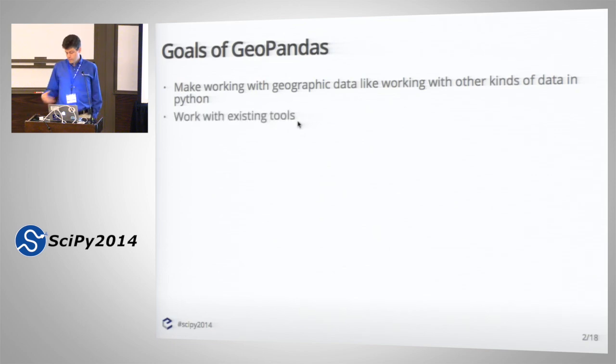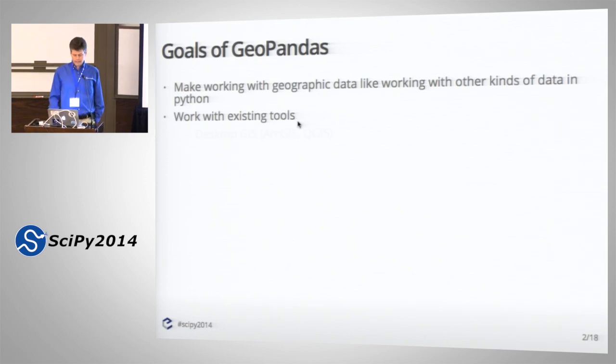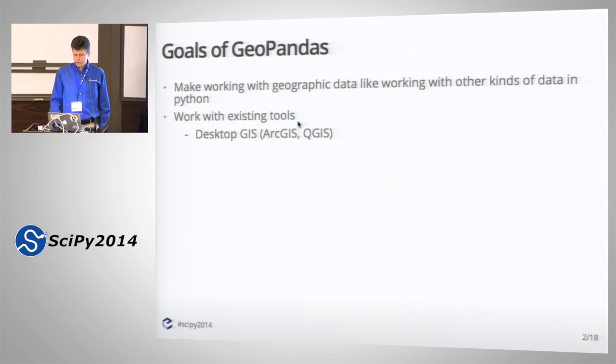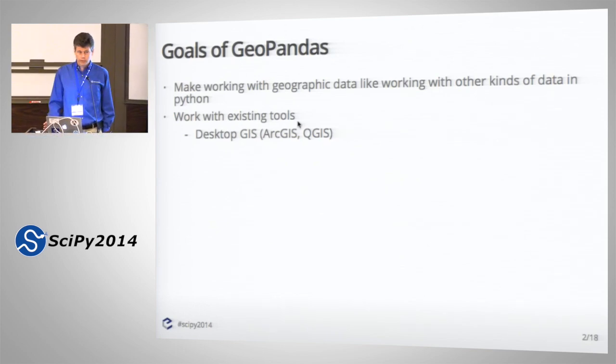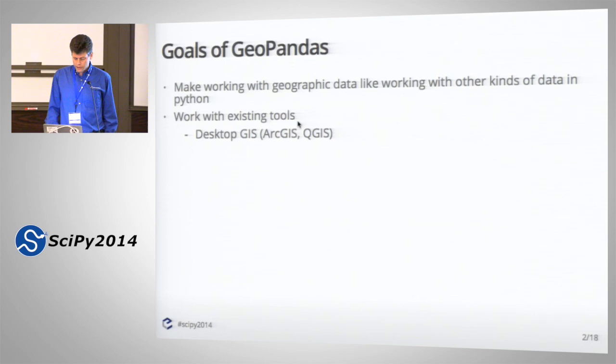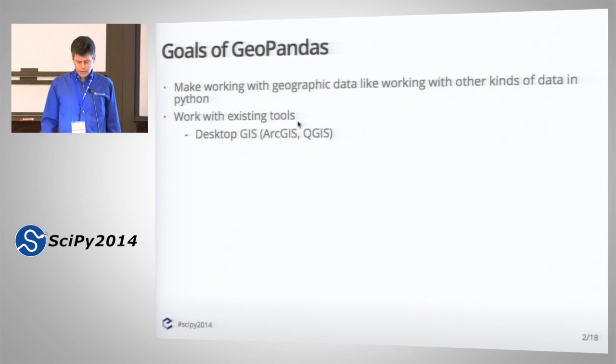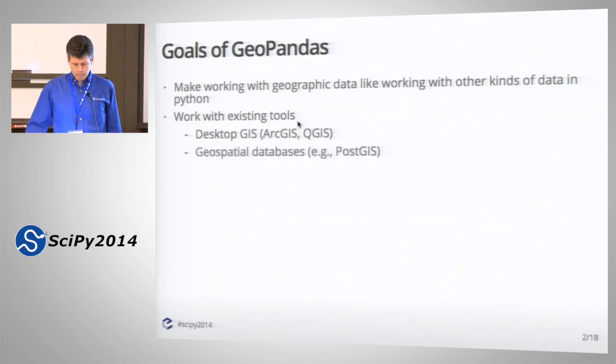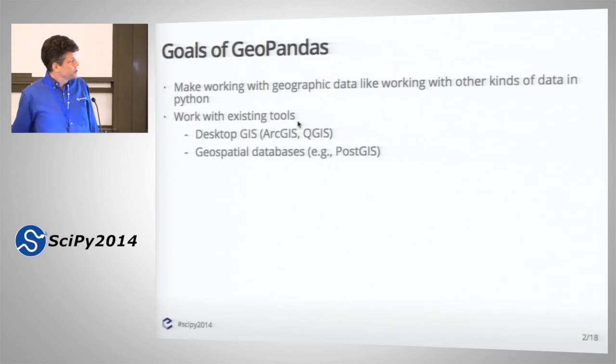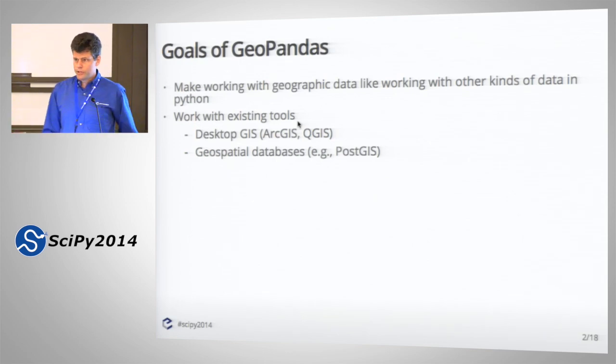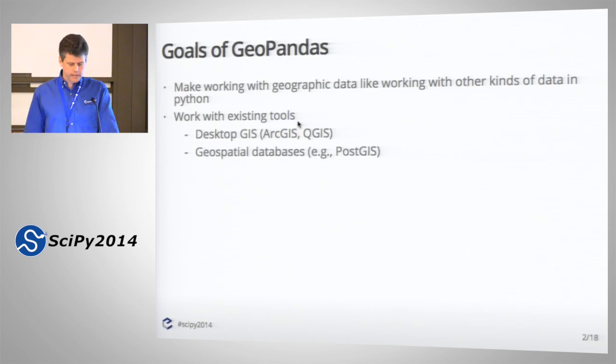And it should be something that works well with all the other existing tools, proprietary and open source, that work with geospatial data. Those include desktop GIS programs, the commercial ArcGIS, and the open source QGIS are the big ones you might know. With geospatial databases, PostGIS, but other databases have spatial extensions that are useful and deal with spatial data.